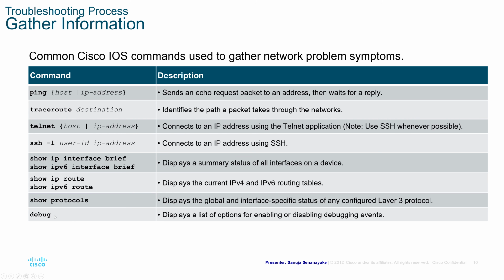The debug command on the Cisco IOS is going to display options for enabling and disabling debugging events, and you can pick whichever choices you would like to make. Most of these items I have already covered in my previous lectures and videos, so you can go ahead and watch them if you want an in-depth analysis of those.